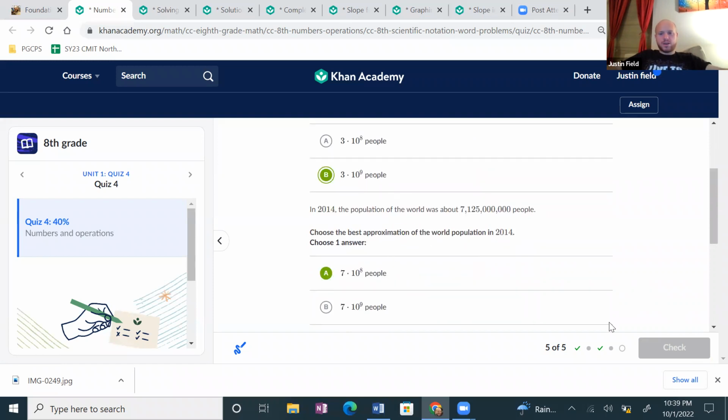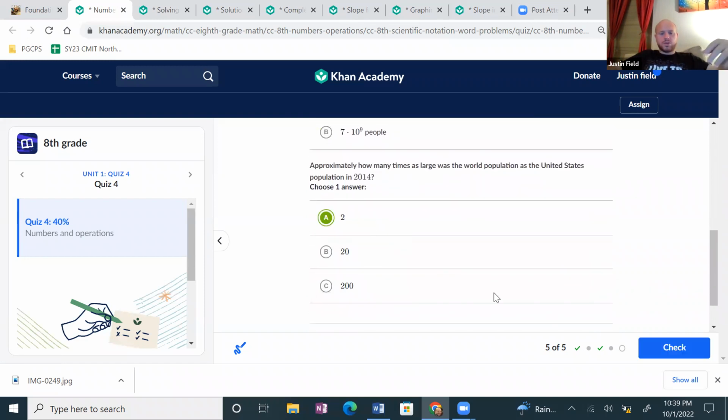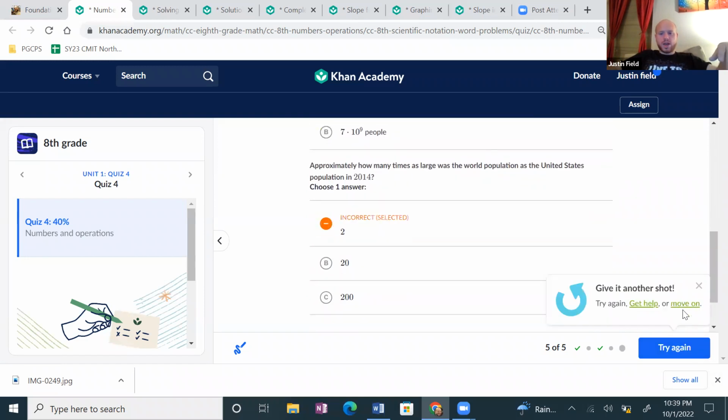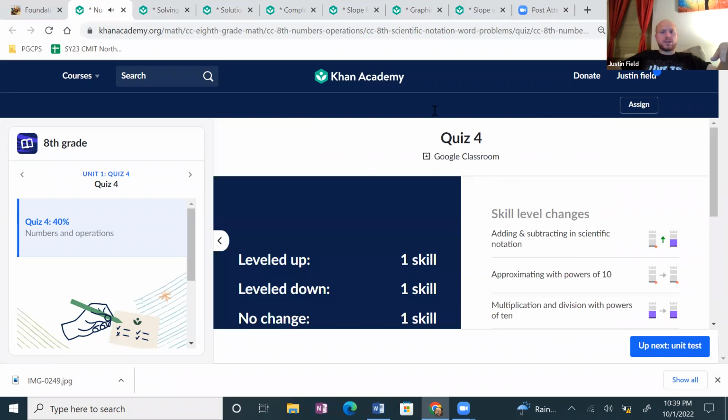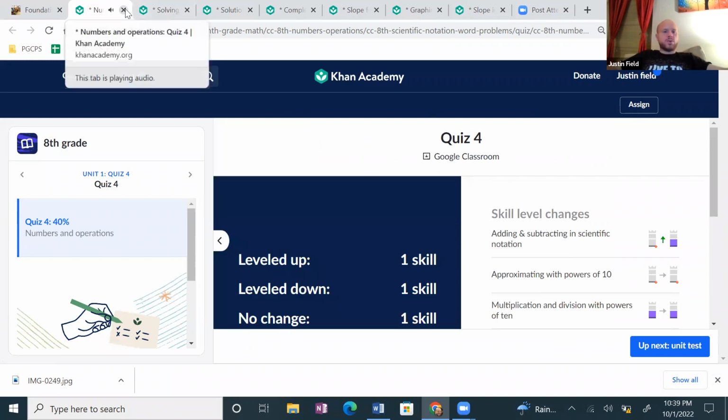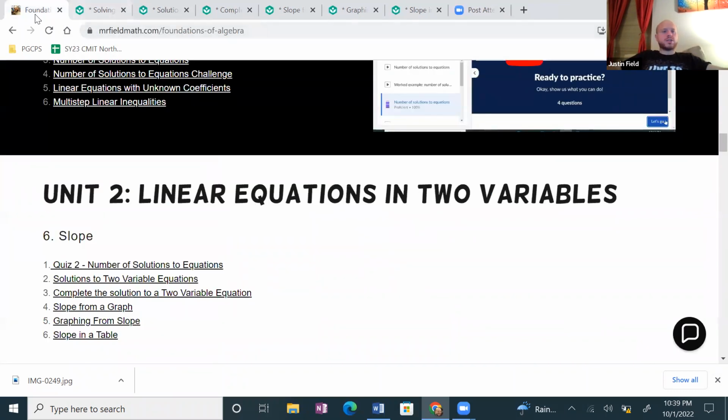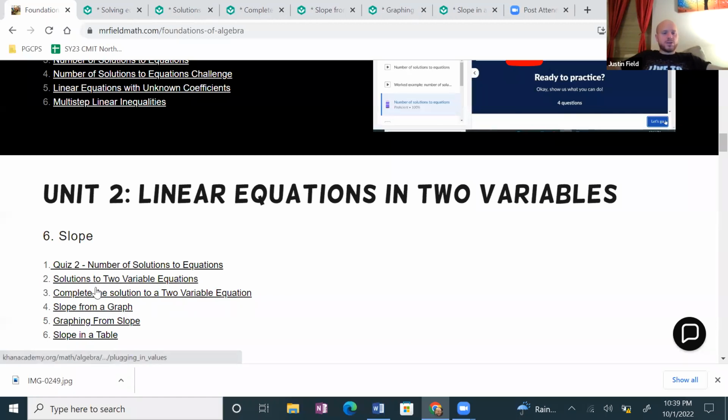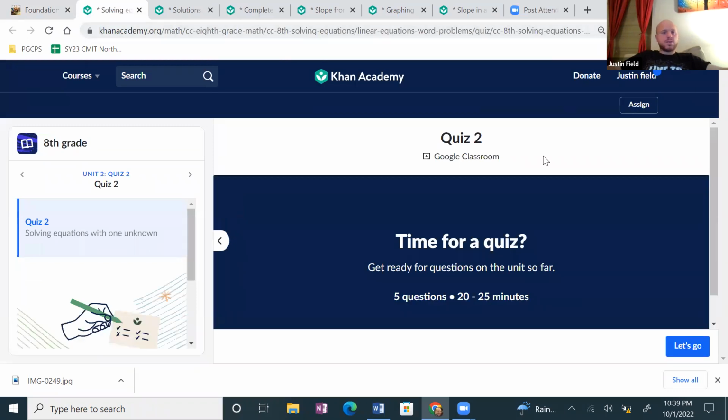Okay, you can do this one, or you can ask about it. All right, so there's some more review about scientific notation. So now let's move on to our Algebra 1 topics for this week. Hopefully it's a little easier for you too.